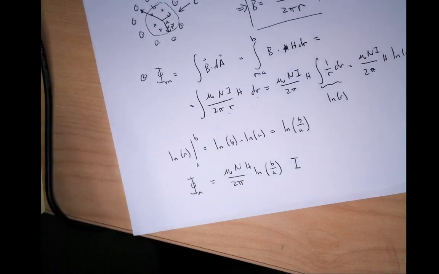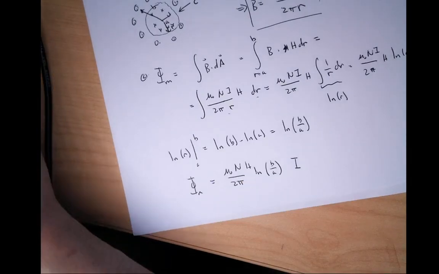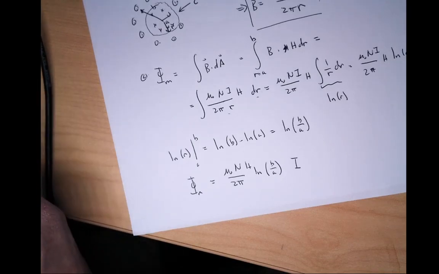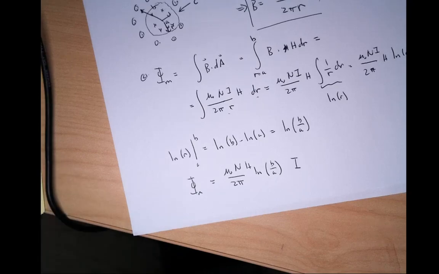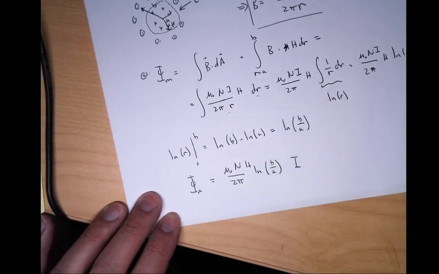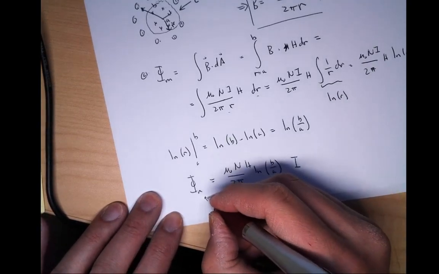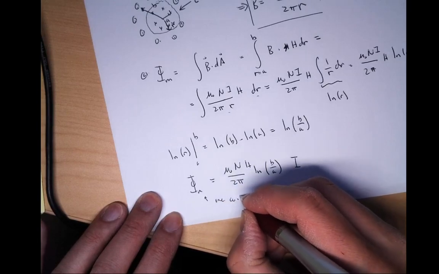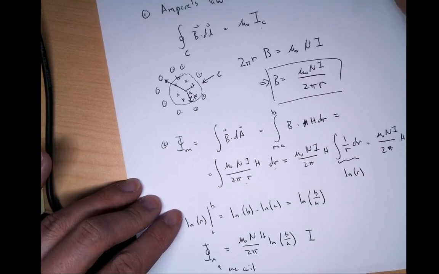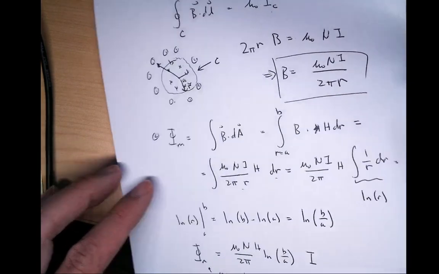Okay, so now this is the flux through one coil. So for N coils, I have to multiply this times N, or add N of them together, right?